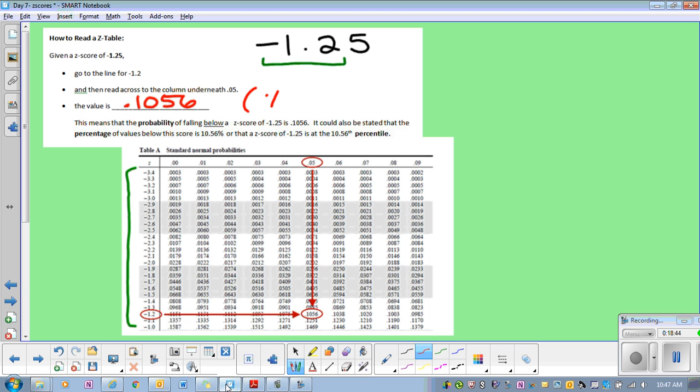If you wanted the percent, all you have to do is just move your decimal point 2 places to the right to give you 10.56%. Okay? We're going to try some more.